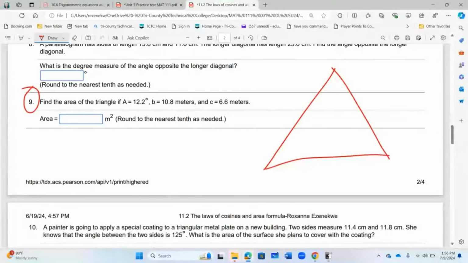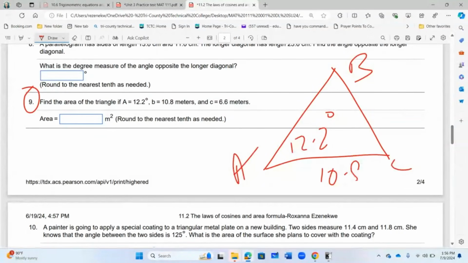So I have A, B, C. The angle here is 12.2 degrees. The side B is 10.8. Side C is 6.6, all in meters.